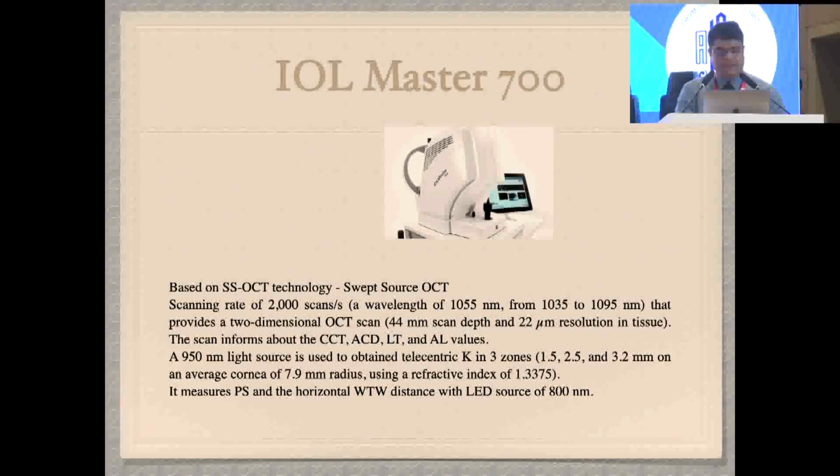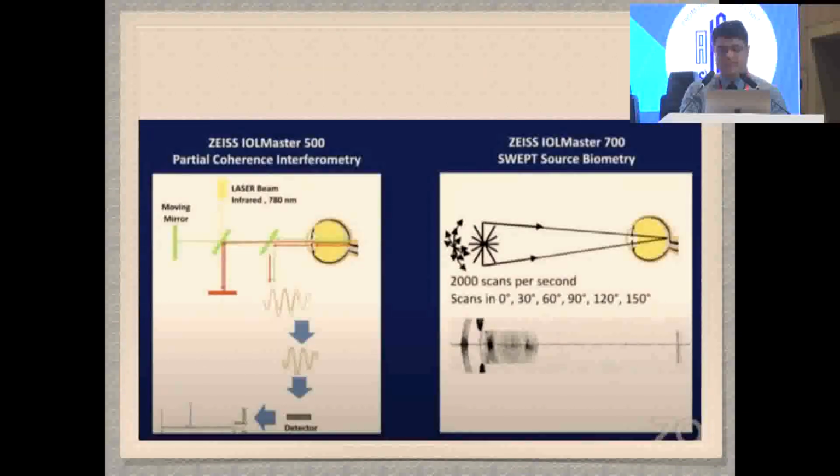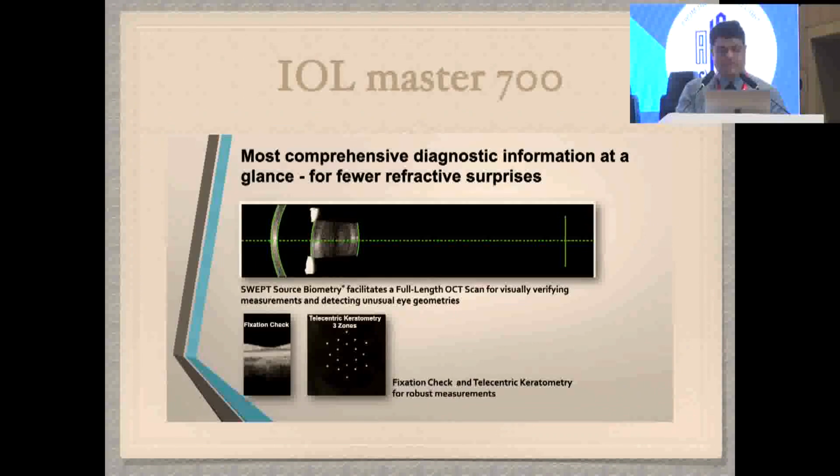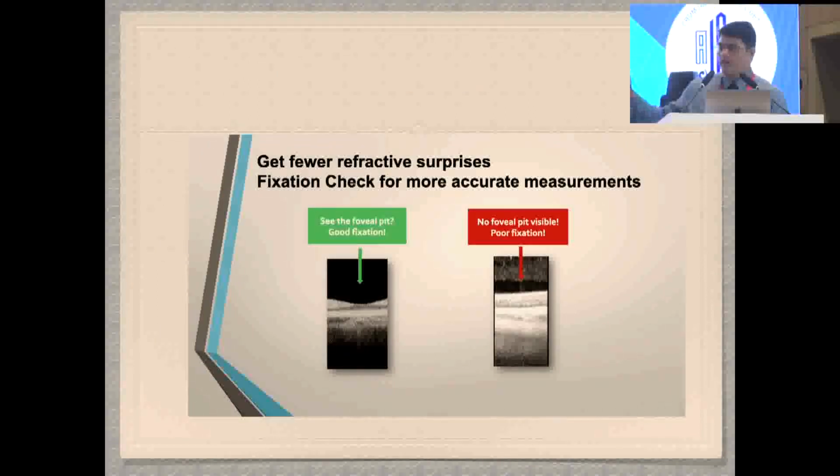It gives corneal thickness, anterior chamber depth, lens thickness, and axial length values. It measures keratometry in 3 zones, 1.5, 2.5 and 3.2 millimeters. These 2000 scans are taken per second in 6 meridians: 0, 30, 60, 90, 120 and 150 degrees. And you can actually see whether the patient fixation is proper or not.